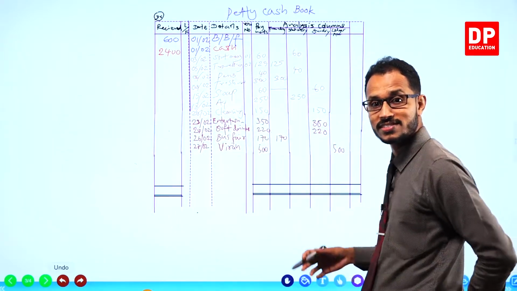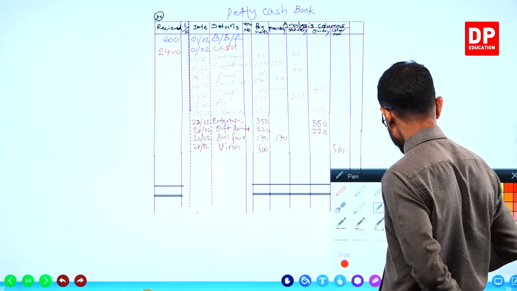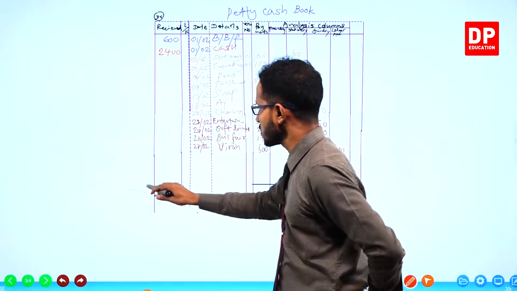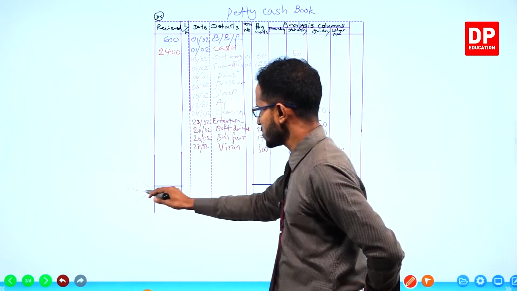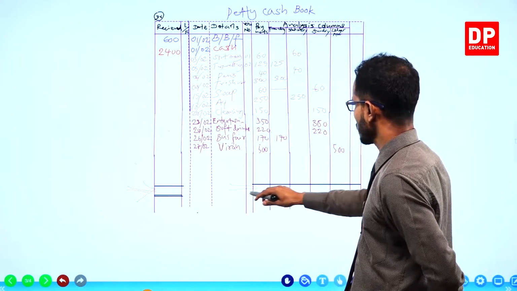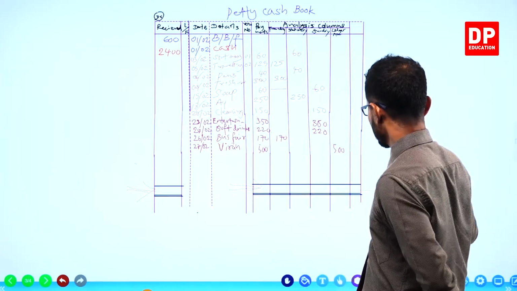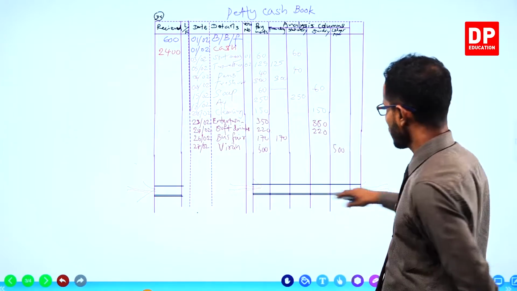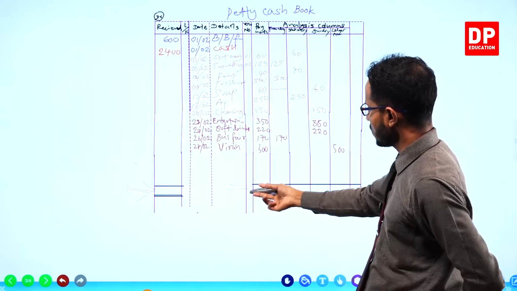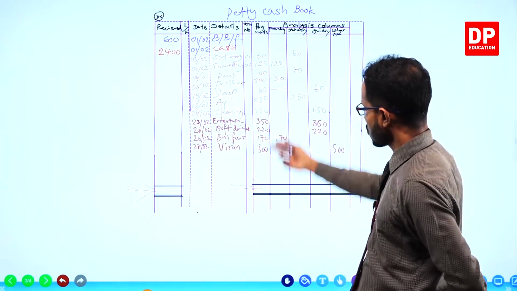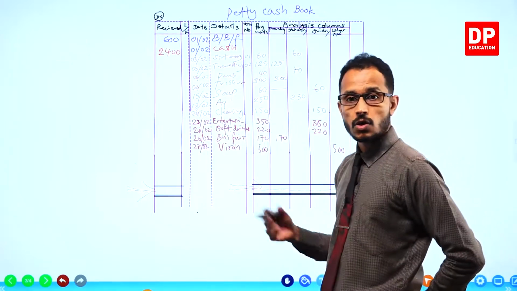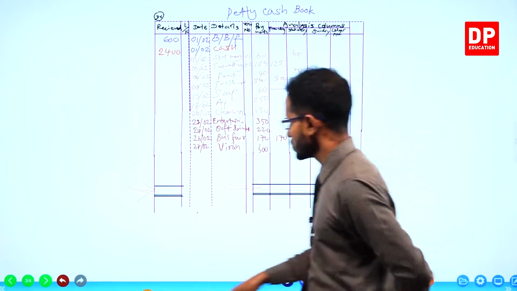By sum boxes, I mean these boxes or double lines where you sum up the amounts, the column total, and you mention the column totals. Those are the sum boxes. Okay.